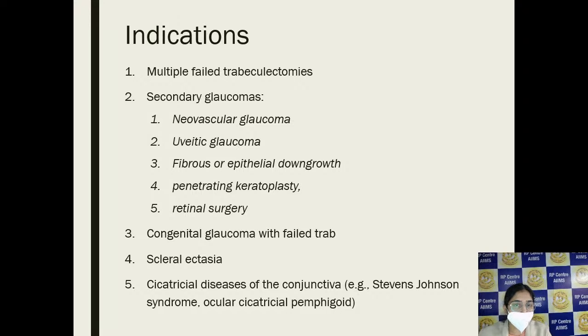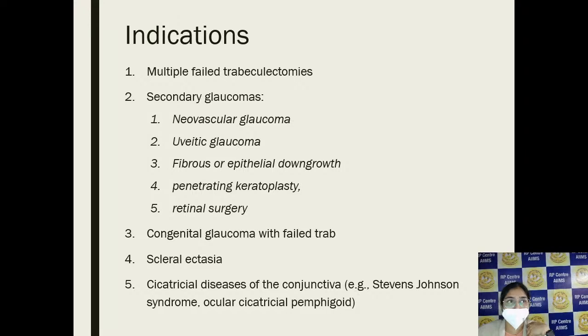Multiple failed trabeculectomies are one of the major areas where we have to use these glaucoma drainage devices. In secondary glaucomas, we can give a trial of a trab, but in case of a failed trab, such as in neovascular glaucoma, uveitic glaucoma, penetrating keratoplasty, any previous retinal surgery, or patients with Sturge-Weber syndrome, these are the cases where glaucoma drainage devices are indicated.